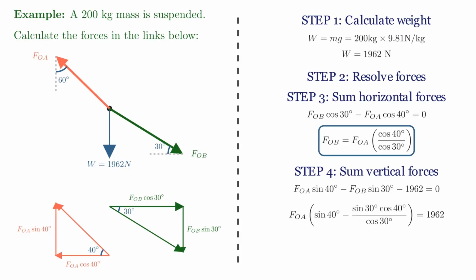Everything in the brackets is just a fixed number, so we can divide by that number, and this gives us that FOA is 9,785 newtons. And we can put this back into our equation from step 3, and we get that FOB is 8,655 newtons. So we found all of the forces in those original links.